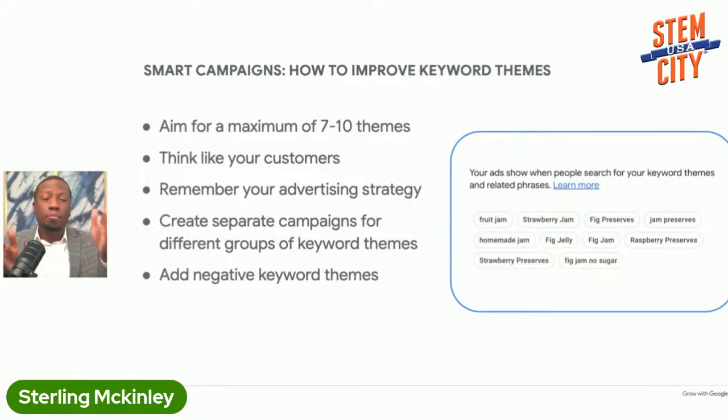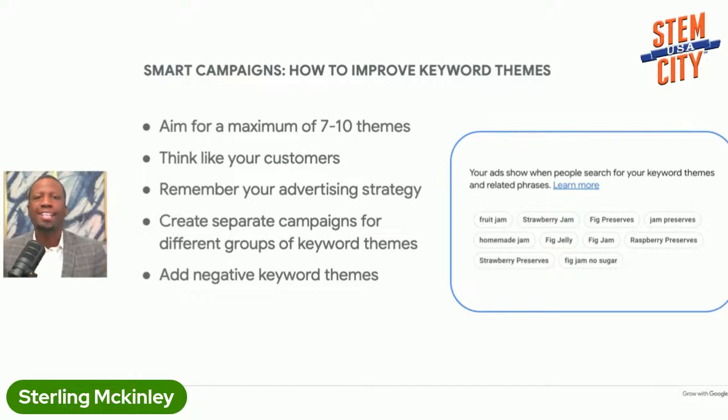You want to have separate keyword groups and themes for different keywords. That's going to help the ad that shows to be more accurate and on point. So anytime you're promoting different products and services, don't group them all into one keyword theme. Break them into separate themes. That way, you can manage them easier and better.